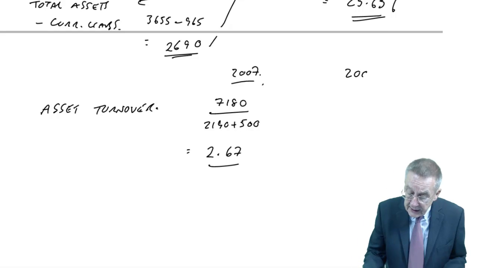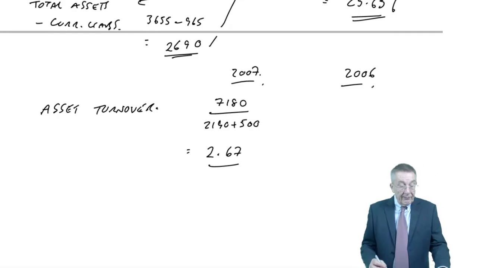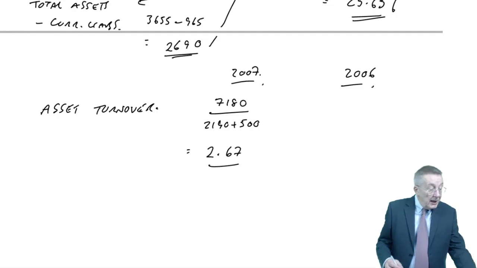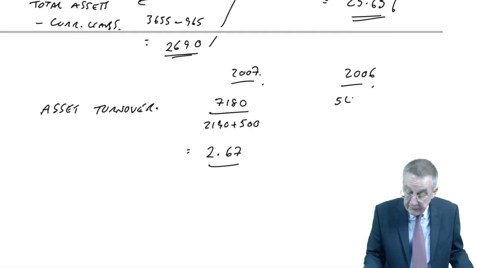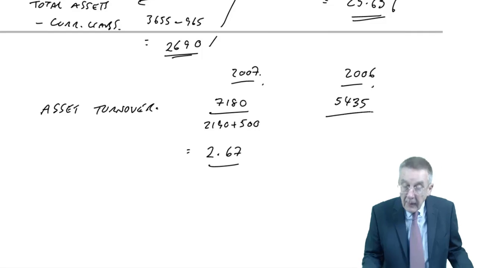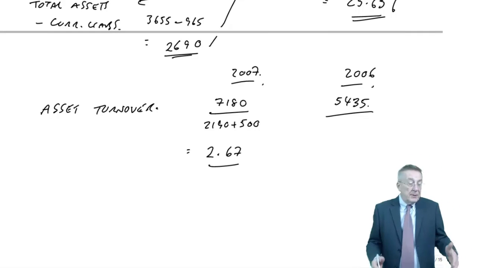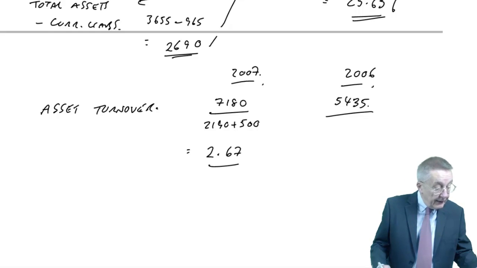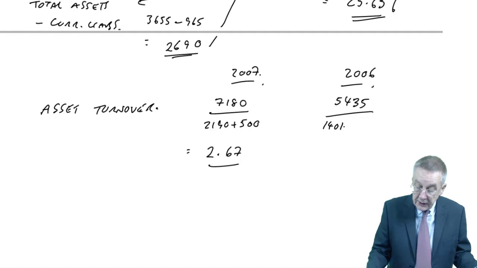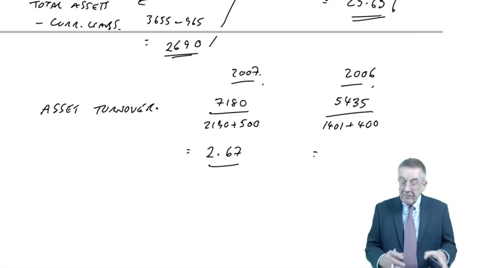What was it in 2006? In 2006, the revenue was smaller, obviously, 5,435, but there was much less long-term capital. The company was smaller, and the long-term capital, equity 1,401, long-term debt 400, 1,801.